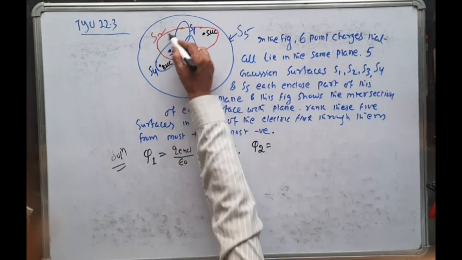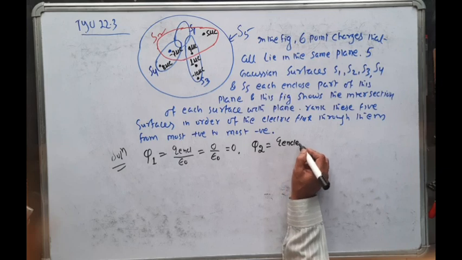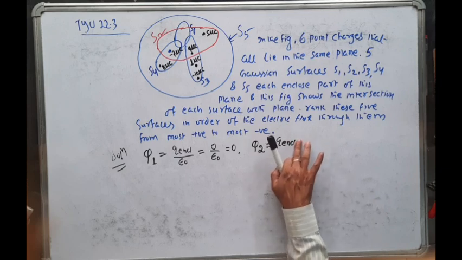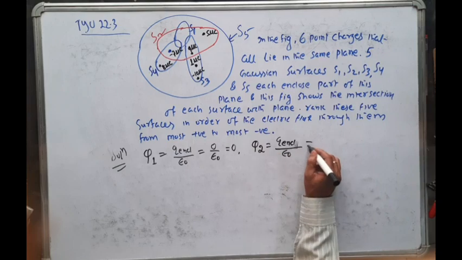So what is the total flux through this S2 surface? We know flux through the S2 surface is equal to the total charge enclosed within the Gaussian surface divided by epsilon naught. That is the net charge.